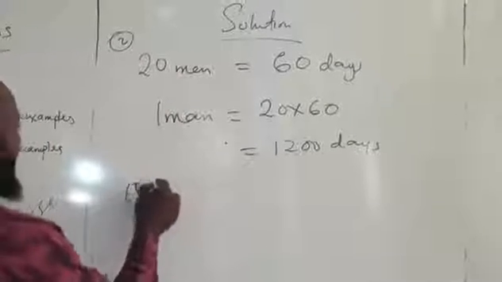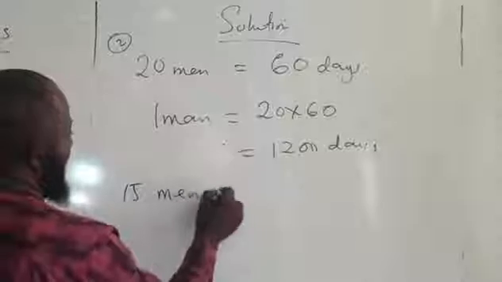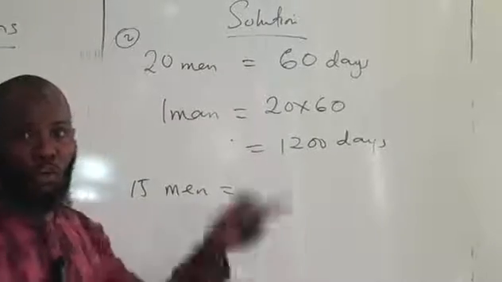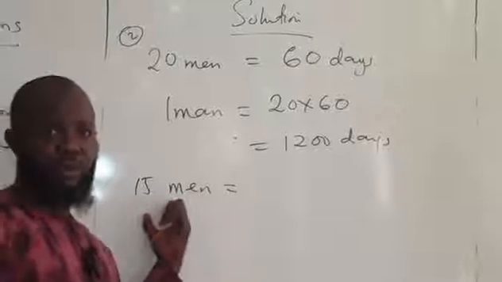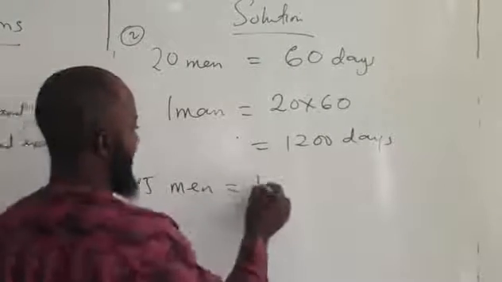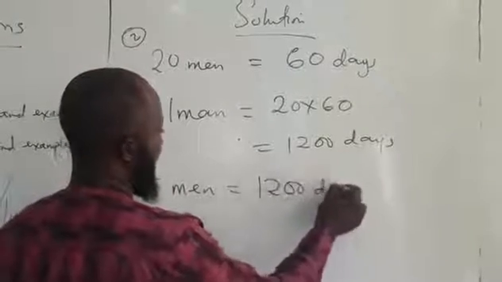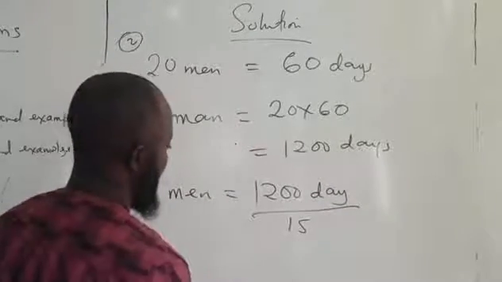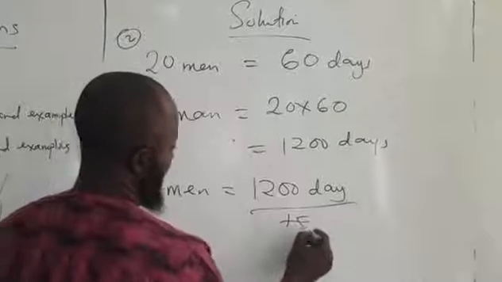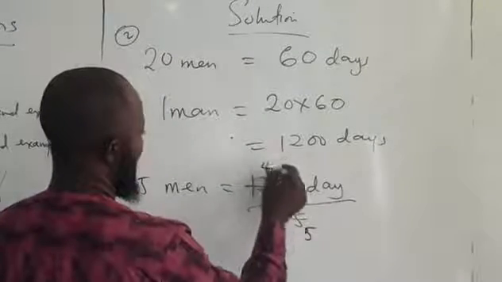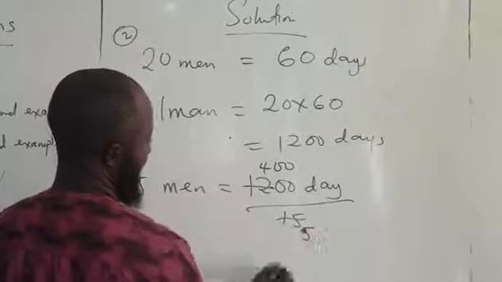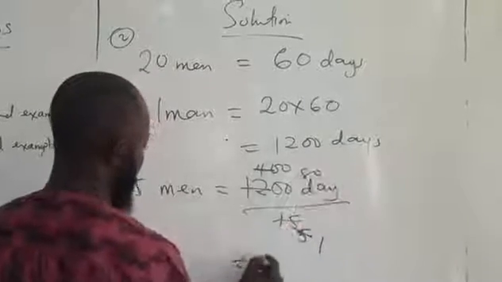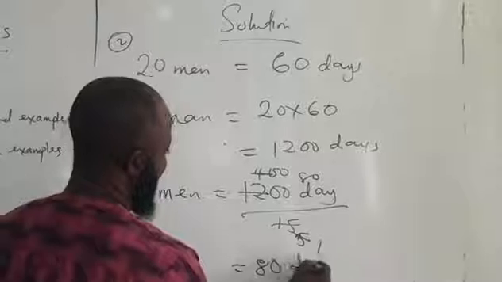So for 15 men, we are going to divide the work done by 1 man by 15 men. That means 1,200 days divided by 15. So 3 here 5, 3 here 400, right? 5 here 1, 5 here 80. So they are going to spend 80 days.